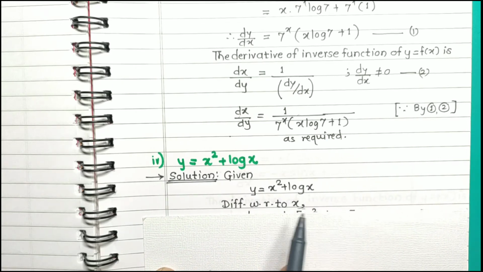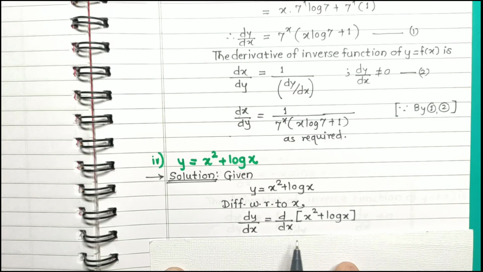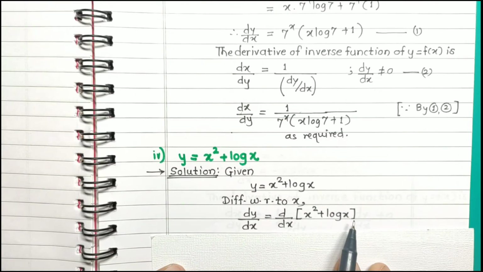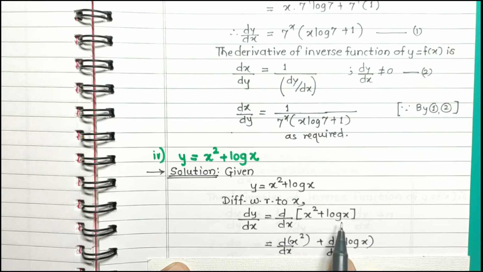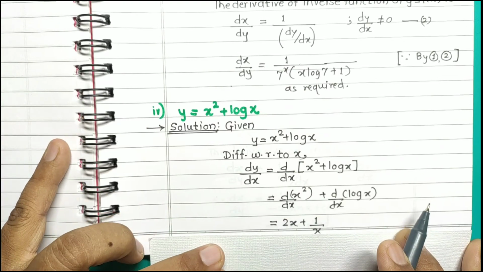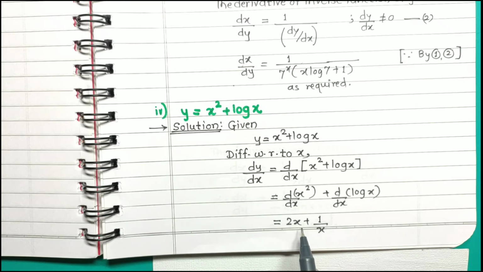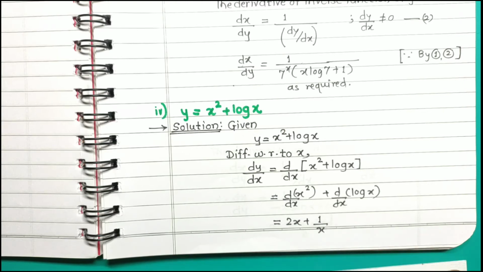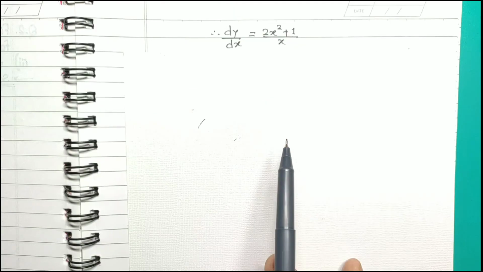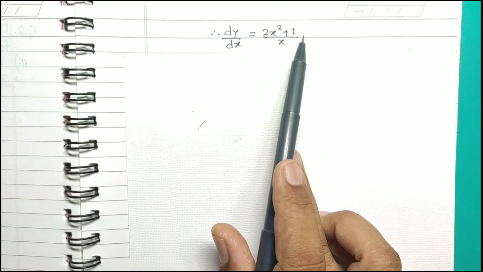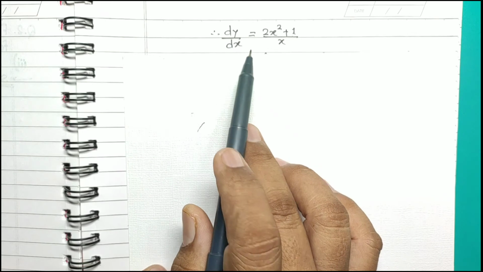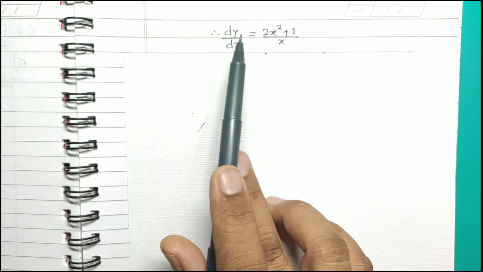Differentiating with respect to x, we have dy by dx is equal to the derivative of x square plus the derivative of log x, and the derivative of x square is 2x and the derivative of log x is 1 upon x. So dy by dx is 2x plus 1 upon x. Simplifying this, we have 2x square plus 1 upon x. So the derivative dy by dx is 2x square plus 1 upon x. Now we have to find the derivative of its inverse function.